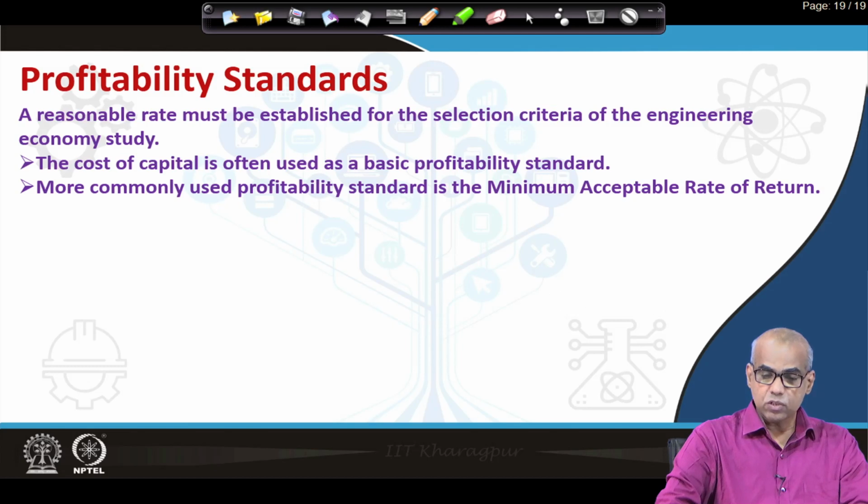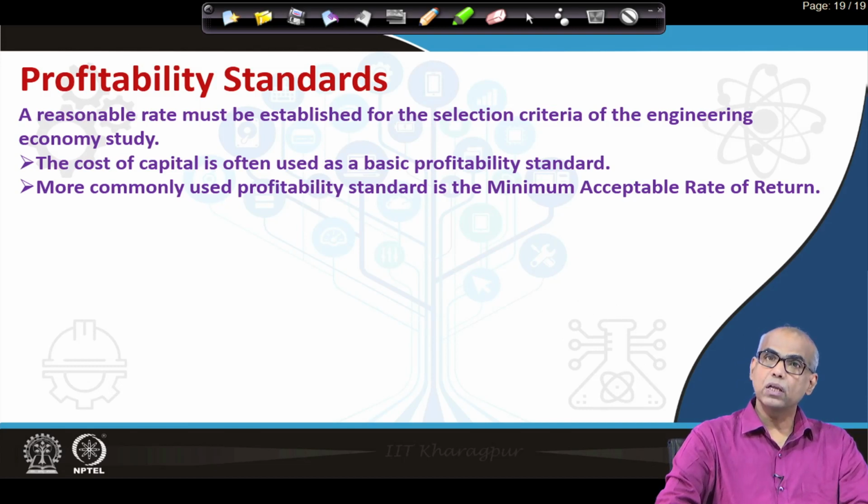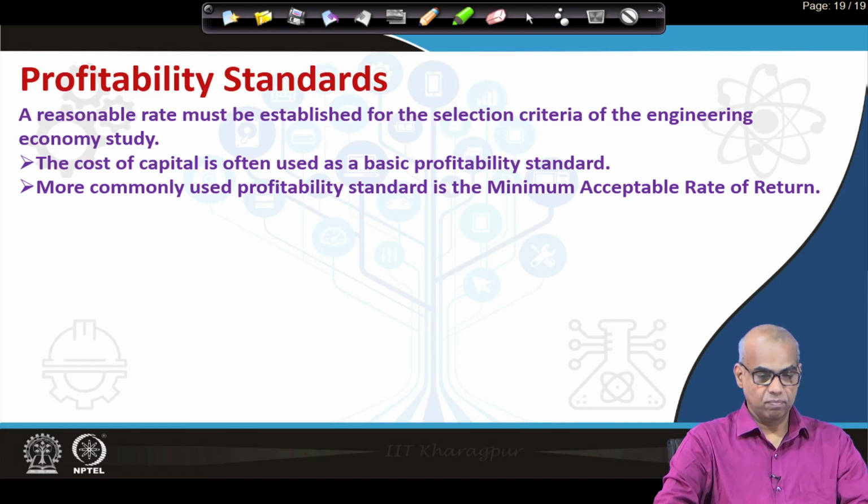The cost of capital is often used as a basic profitability standard. Second, which is more common and generally used, is the minimum acceptable rate of return. So, the two types of profitability standards are cost of capital and minimum acceptable rate of return. The minimum acceptable rate of return is the more commonly used profitability standard.